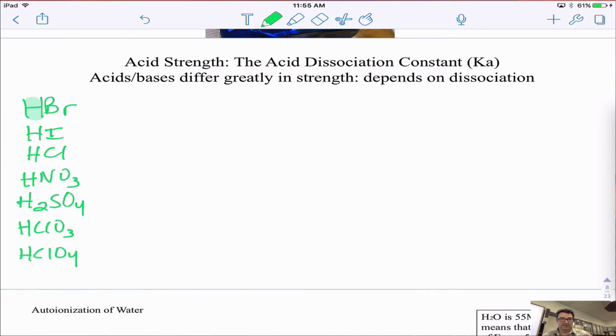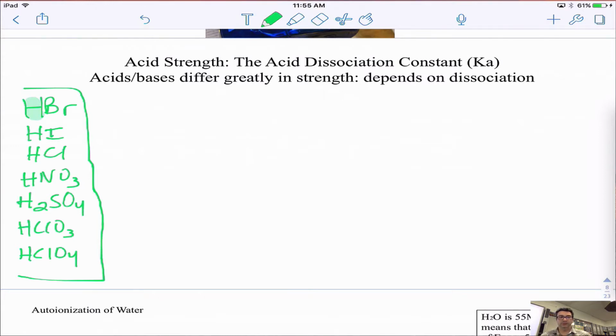I remember this, one of my students came up with this a while ago: Brickle, no, so, clo. Those are the 7 strong acids: HBr, HI, HCl, brickle, HNO3, no, H2SO4, so, HClO3, and HClO4, clo. So those are my 7 strong acids.